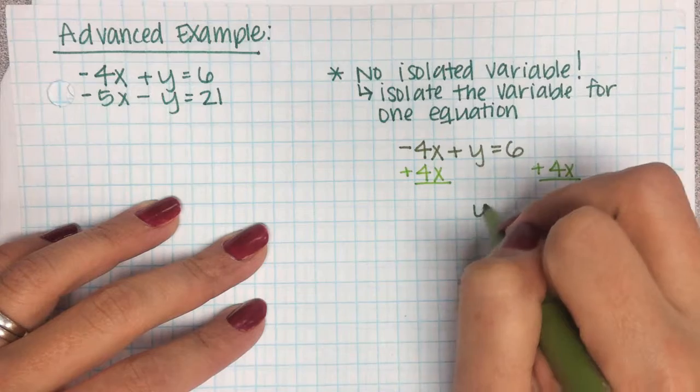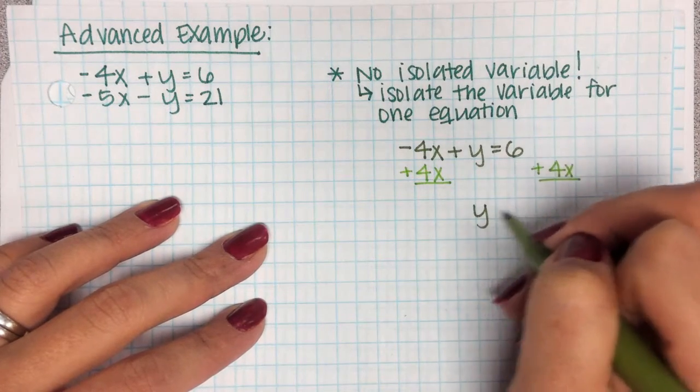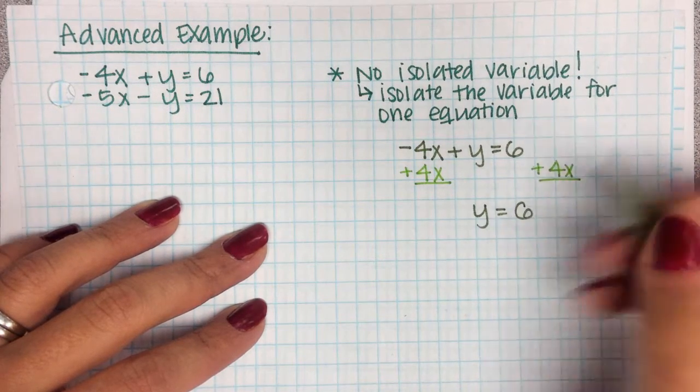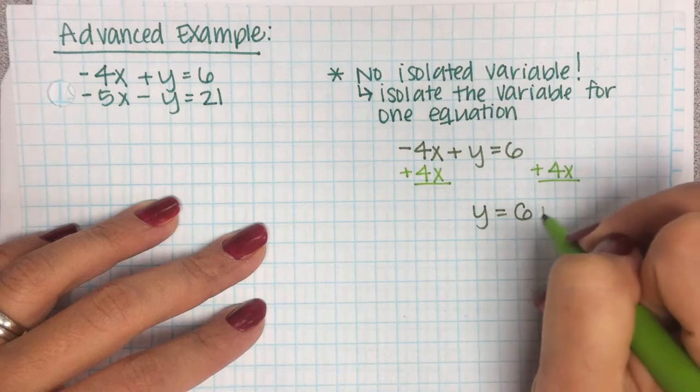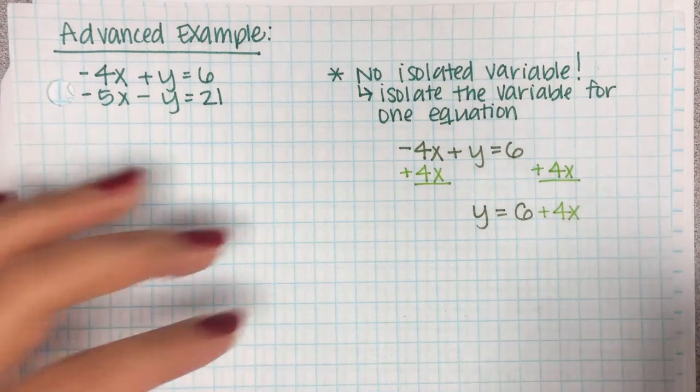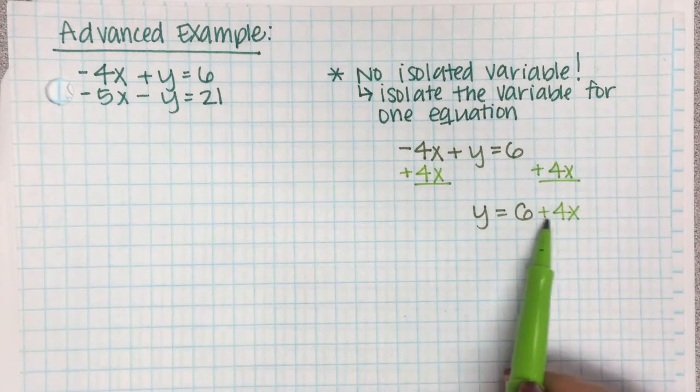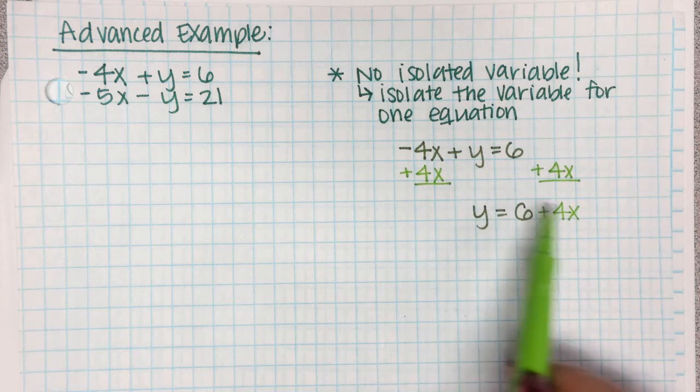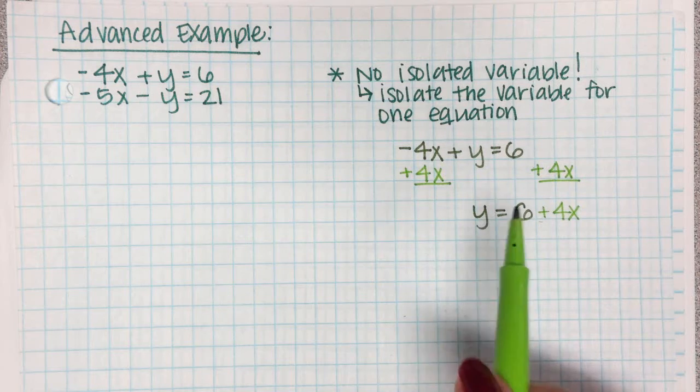So that's y, and again it's positive y, so no need to bring it down here, equals 6 plus 4x, because x and 6 cannot be put together. So here now we have an isolated variable. We have y as the isolated variable.